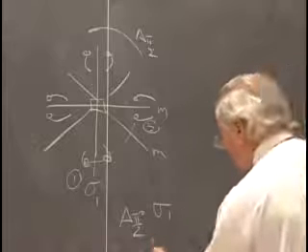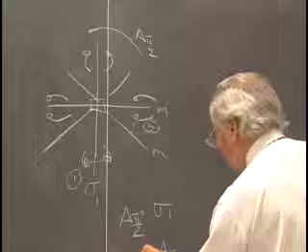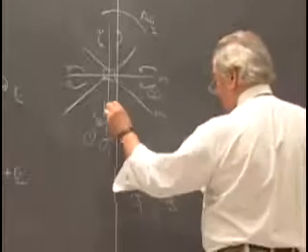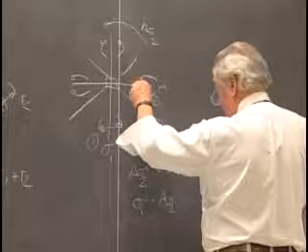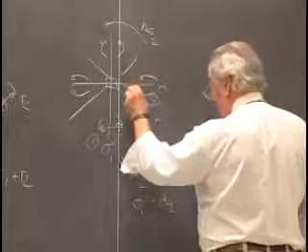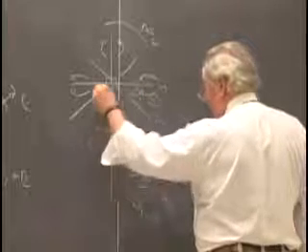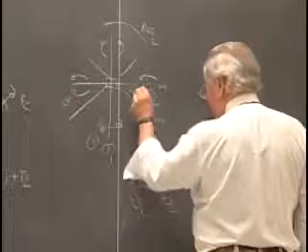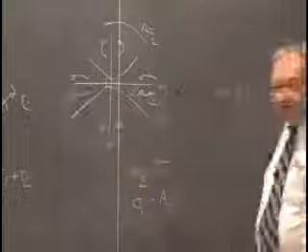How about if we first rotate that same object by a pi over 2 and follow it by sigma 1. So we'll rotate number 1 to here. So this is 2 prime. And you can see we're already in trouble. If we now reflect along sigma 1, this is 3 prime. So in one case we ended up here. In the other case we ended up here. So the order did make a difference.